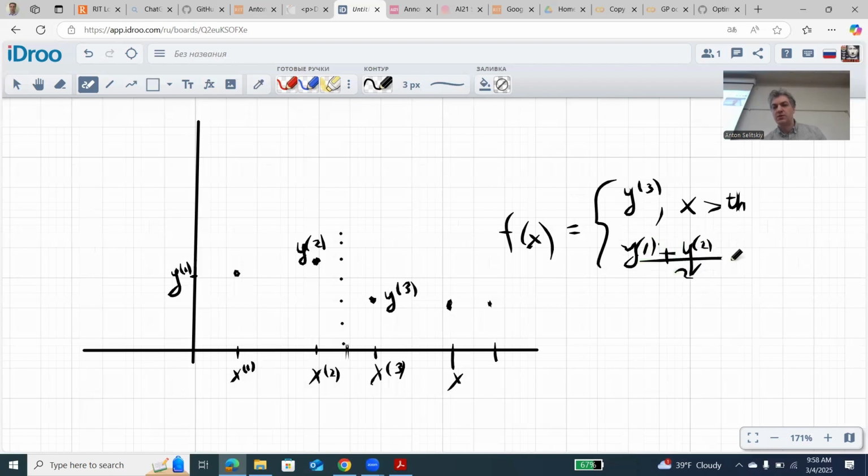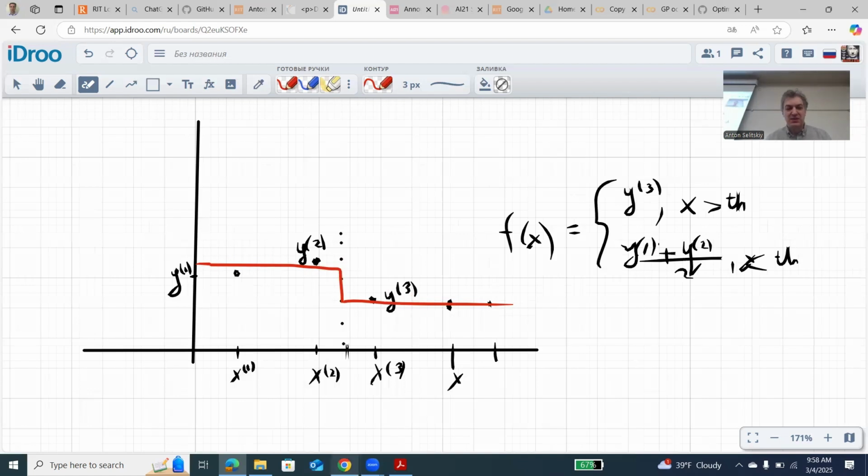Sorry for my writing. So the final curve, in quotes, will look like this. So this is the first approximation of our regression task.